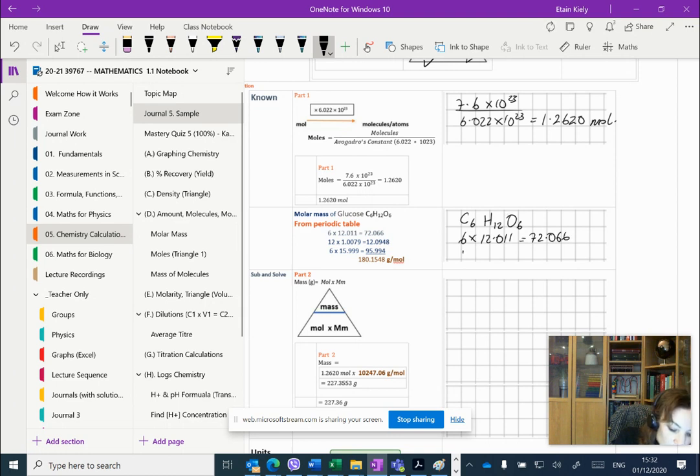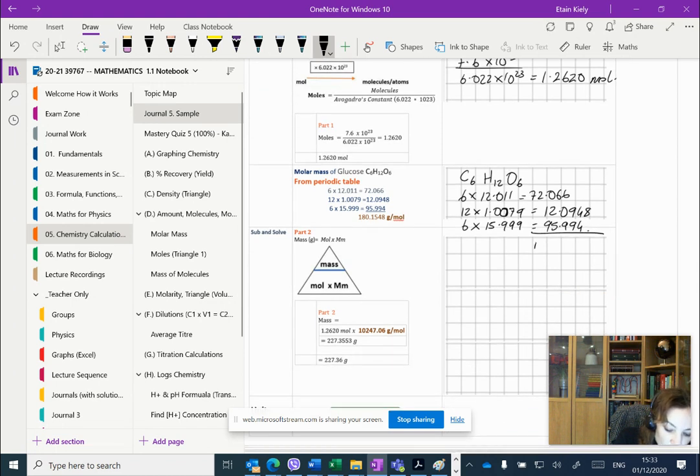We have 12 hydrogen, which is 1.0079, which gives us 12.0948. And we have 6 oxygen, so 6 by 15.999, which gives us 95.994. And if we add all these together, we get 180.1548 grams per mole. So this is our molar mass.